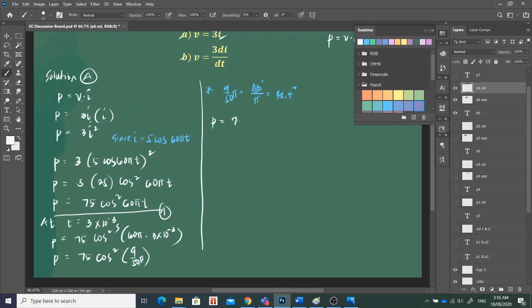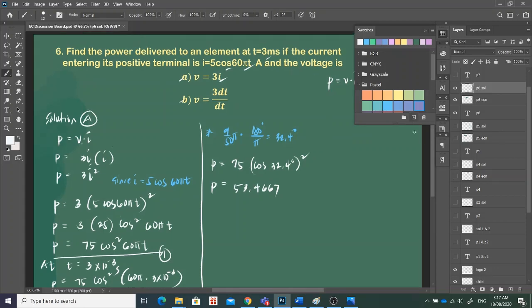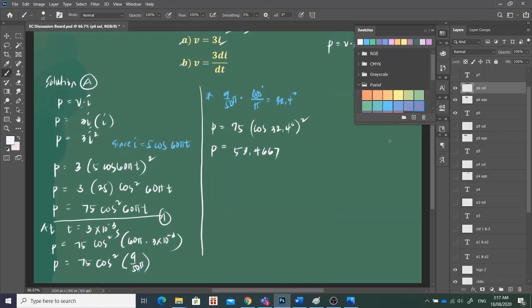P is 75 cosine squared of 32.4 degrees. So, P is 53.4667. Although ang given natin ay milliseconds sa time, second pa rin yan, so ang unit natin ay watts. That is our answer for letter A.